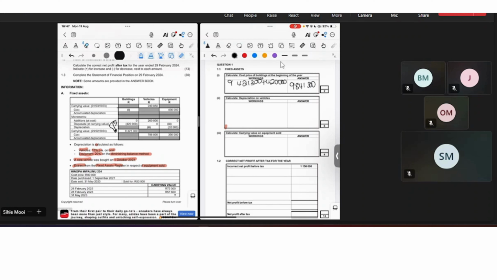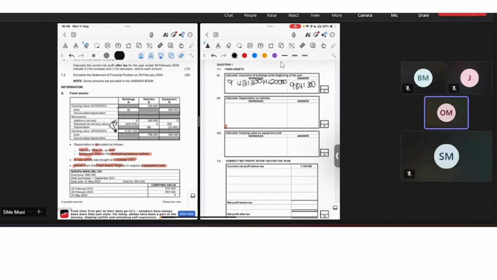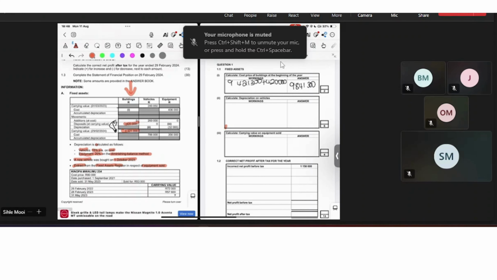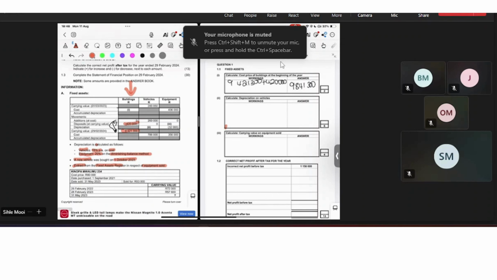Where did I get them? Yes. In our note here, under buildings. Oh, okay. Thank you. I see now. Okay. Are you good now? Yes, I'm good. Thank you.